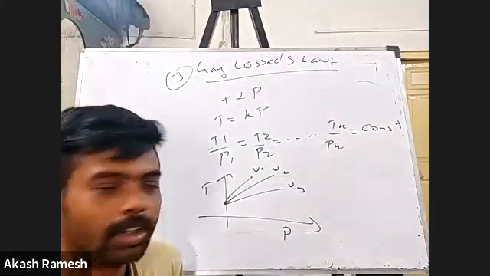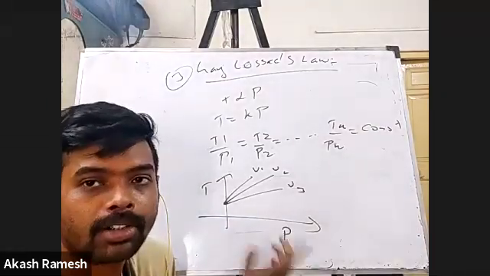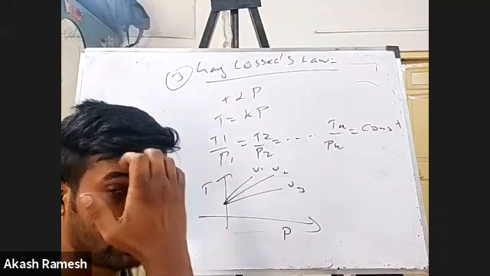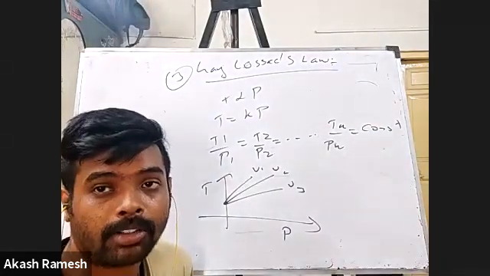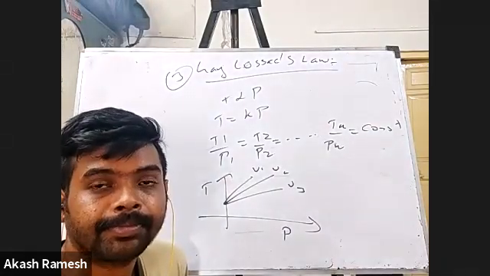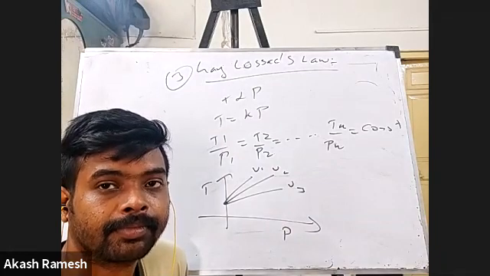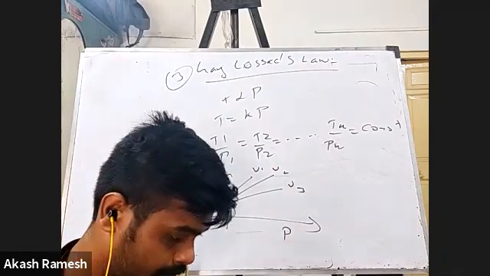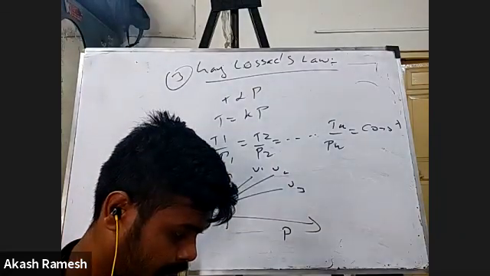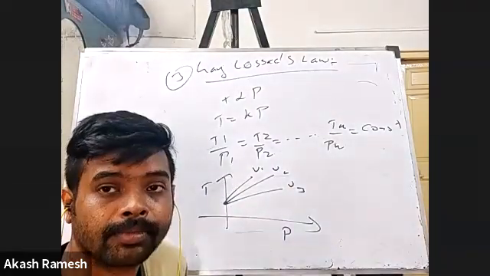Now you can make anything constant, either T constant or P constant, and you can see how it is varying. Accordingly, you will be able to tell what is the order of volume. So V1 greater than V2 greater than V3.